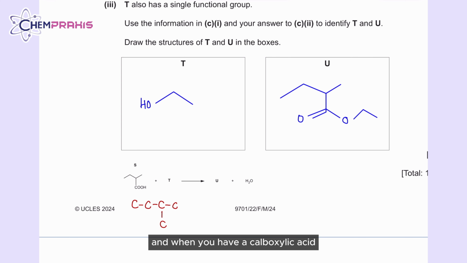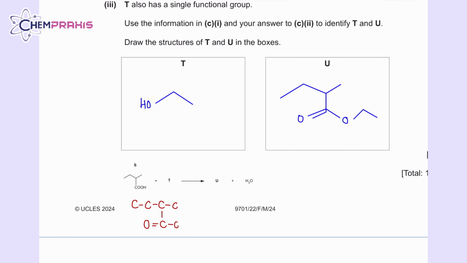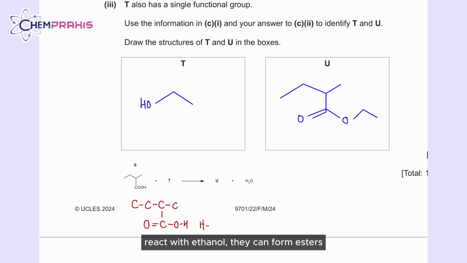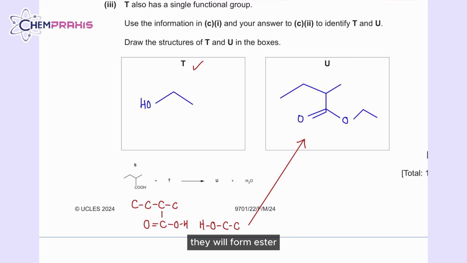When you have a carboxylic acid react with ethanol, they can form an ester. So this is the structure of T. And when these go through a condensation reaction, they will form an ester, and this ester will be the structure of U.